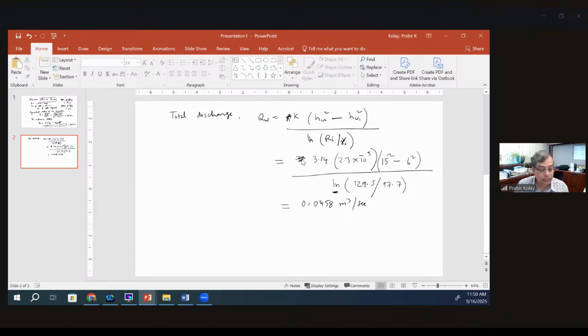Okay, so now this is the total discharge. Now you need to calculate how much is the discharge from an individual well.